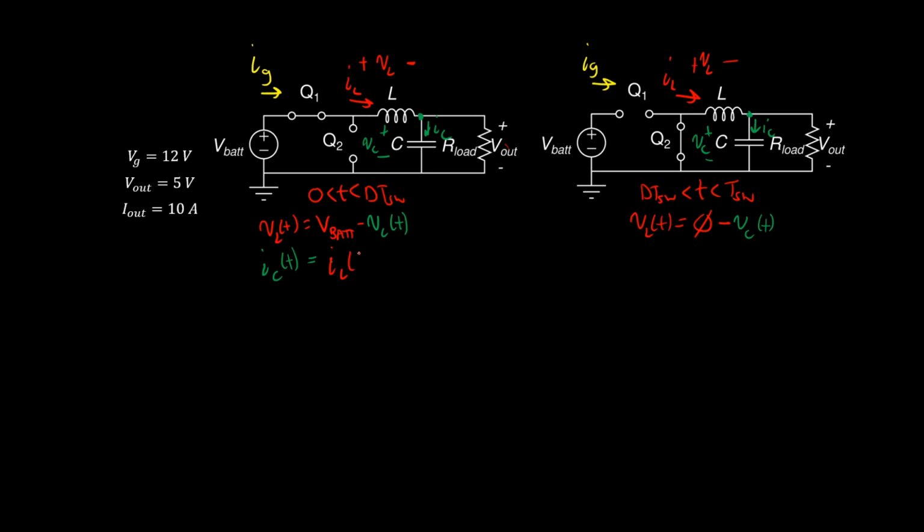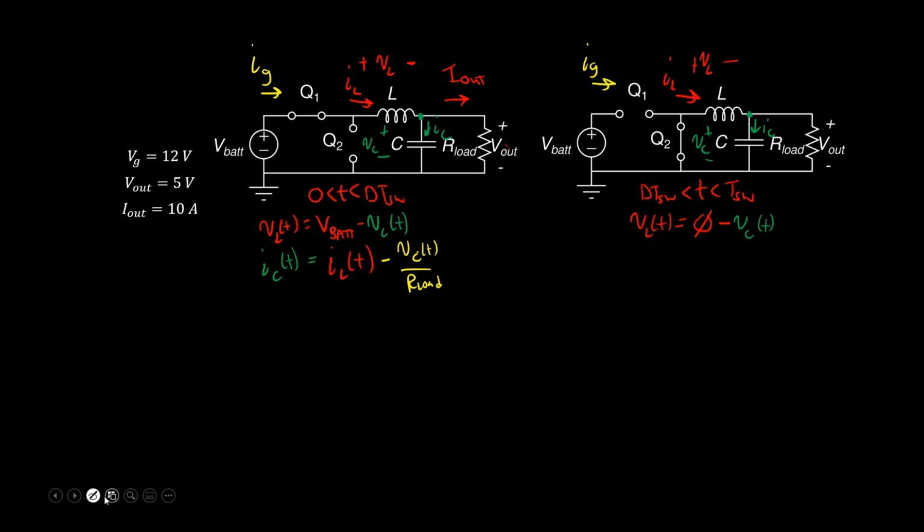So IC of t is IL of t, and then we have Vout over R load flowing out of the node. This is the output current, the current flowing to the load. So we have Iout flowing out of the node, and Iout is equal to Vout, or VC of t, over R load.